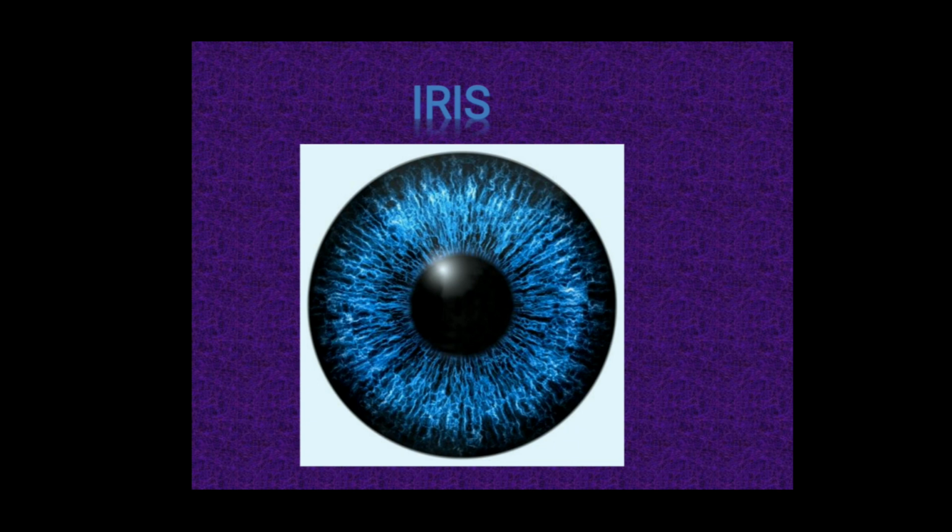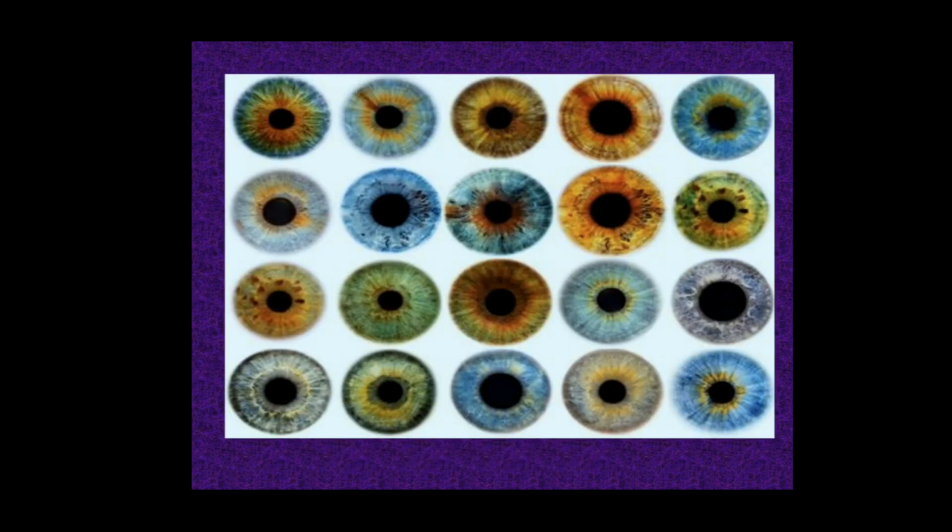Next part is the modifications of choroid. The first one is the iris. Iris is one of the most attractive parts in our eye. Different people have different eye colors, which depends on the color of the iris.